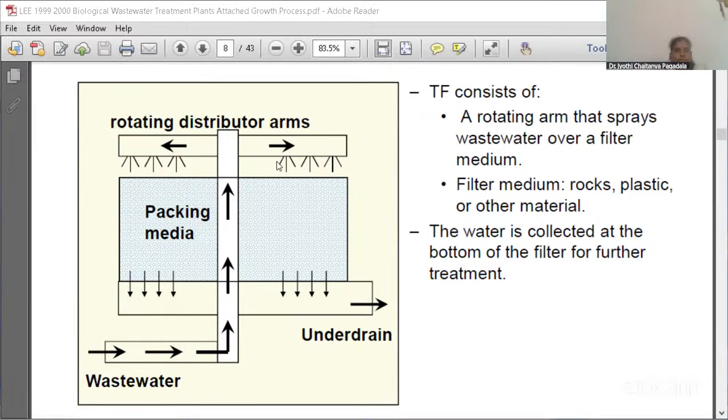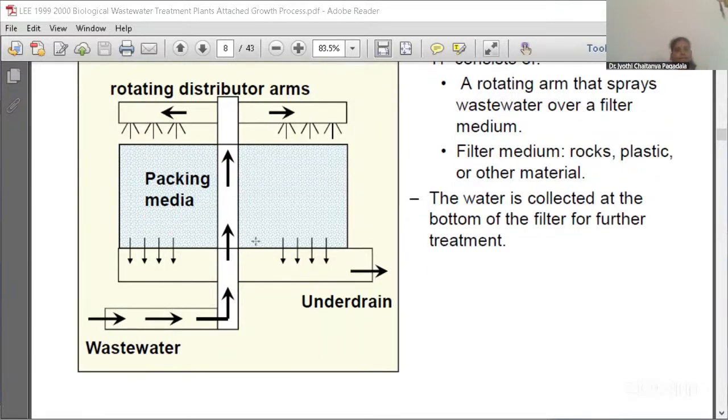Here you can see the rotating distributor arms, one on either side, left and right. The medium is rocks, plastic or other material. The water is collected at the bottom of the filter.